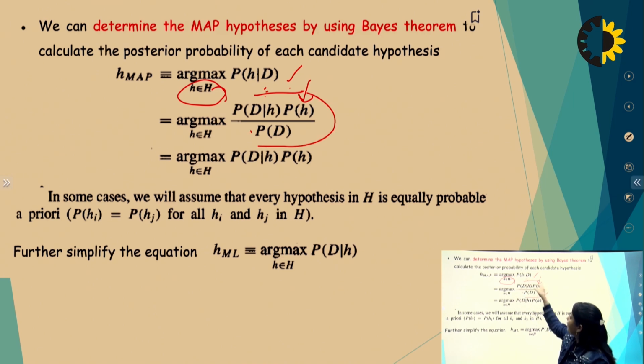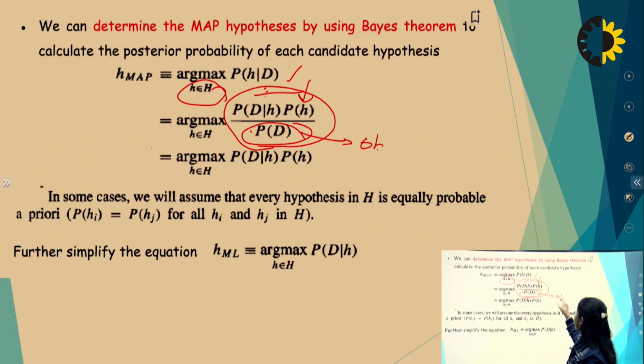This is the formula for Bayes theorem, and after that we can drop this denominator for calculating the maximum a posteriori hypothesis, because we are not calculating the final value, we only find the maximum hypothesis probability.